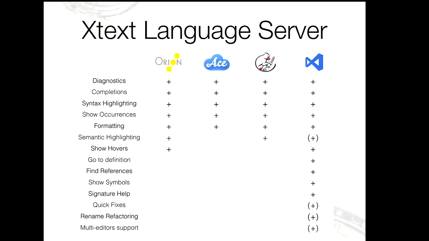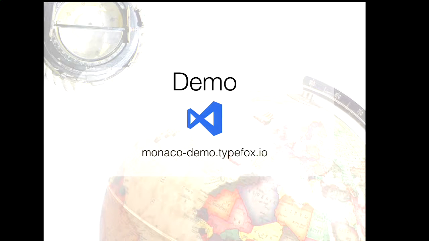So we can expect the Orion editor widget to also be an alternative to Monaco, with a similar set of features somewhere in the future. But currently our focus is a bit more on this side, and we have to see how far we get on using that track. So I will show you how that looks for the same language that I demonstrated before.